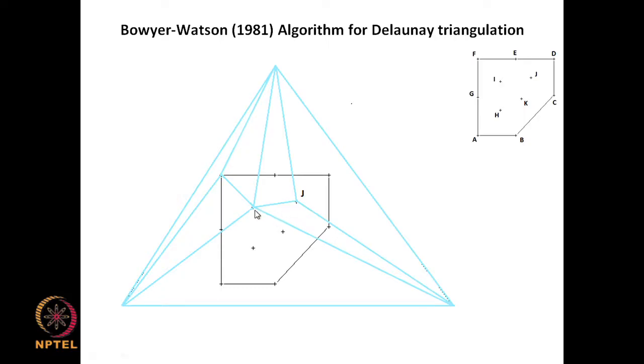For example, we can take this node, this node, this node, and this node. These form a quadrilateral. At this stage we have this division here into 2 triangles, this large triangle here and this triangle. Suppose we were to join I and this J and this point, it is possible that gives us a better one.